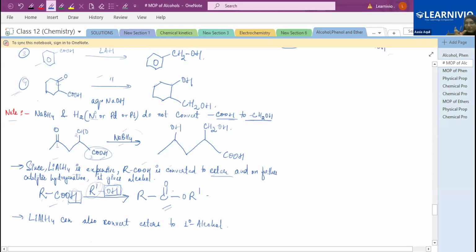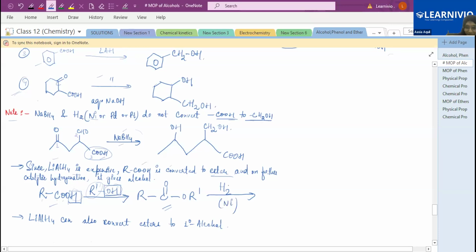What did we do to the carboxylic acid? First, it is converted to ester by the esterification reaction. When you treat the carboxylic acid with alcohol, you will get an ester. Now, in the next step, you do the catalytic hydrogenation. Catalytic hydrogenation means H2 in the presence of a catalyst, like nickel, or you can use palladium or platinum, anything, right?